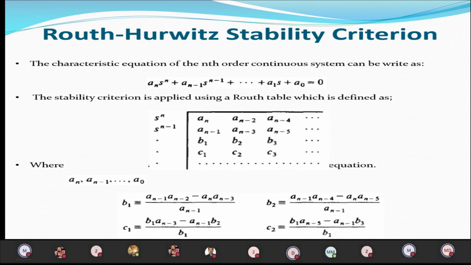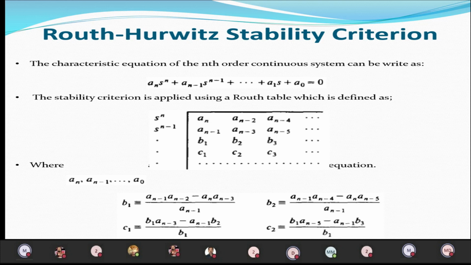We look into the problem and write the s power 3 coefficient as the first element of the second row. Then the next decreasing odd power is s power 1, so you look into the equation and write whatever its coefficient is as the second element of the second row. Like that, you have now filled the first two rows by looking into the characteristic equation.